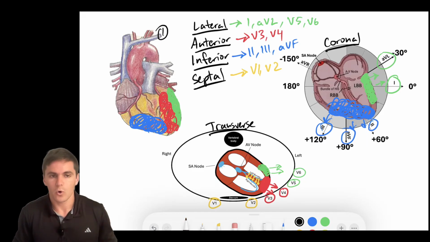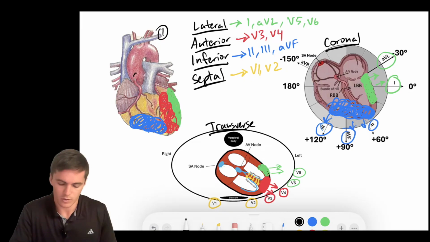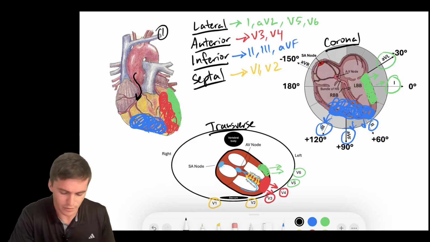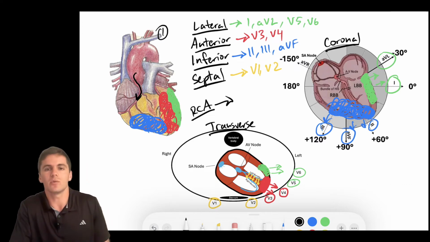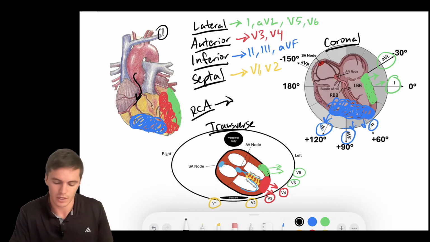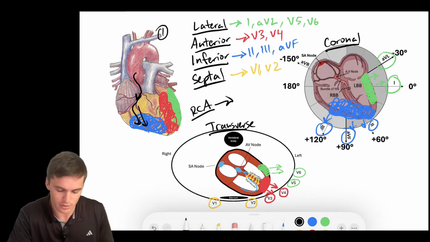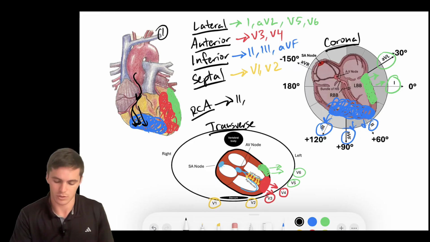So when we think about our coronary artery anatomy, let's think about what happens if we have right coronary artery. If my right coronary artery is going to be represented by a lead, what lead is it going to be represented by? Well, we know the right coronary artery is going to come down. It's going to supply the inferior myocardium, which is leads 2, 3, and AVF.